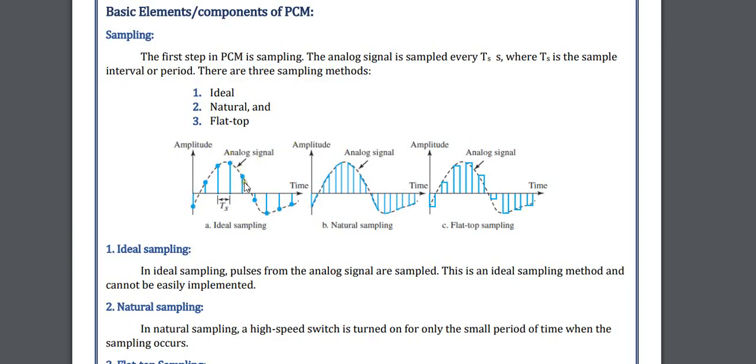Here we have the analog signal version, and in natural sampling we have timing and amplitude, where the analog signal stands from there to there, and in flat-top sampling the diagram looks like this. You can understand the difference between those by seeing the diagram. Look at the diagram very carefully, and you can understand the differences.